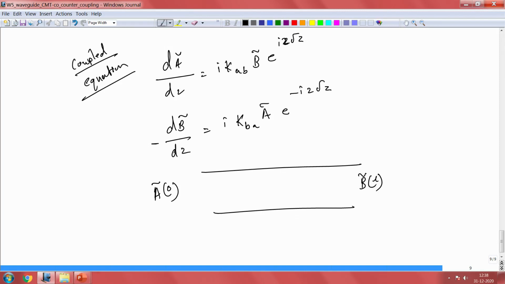We can find the value of A tilde z and B tilde z at any location between the two ends. So, this is the length that we had. In this case we are launching A naught and also B L, so they could be propagating from both the ends.